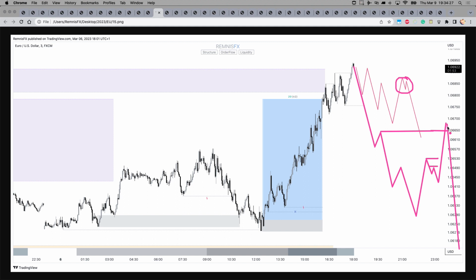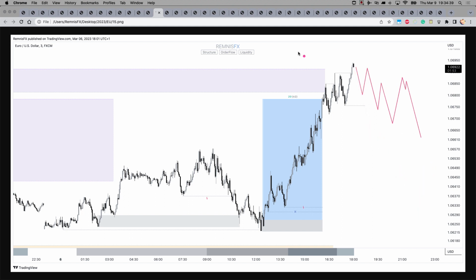So it may or may not first take out all the liquidity from the left and then continue down, right? And here at the top, it has no reason to go any higher because it all happened at an extreme level, right? Not only that, but also it happened already on your higher time frame. Higher time frame structure, major structure, right?